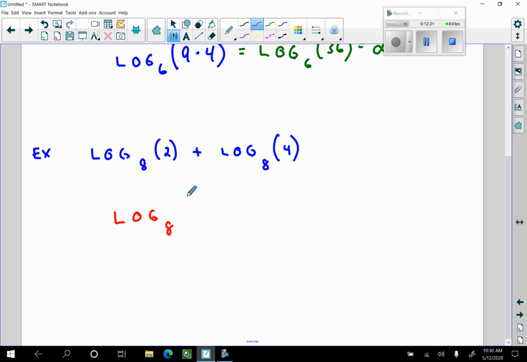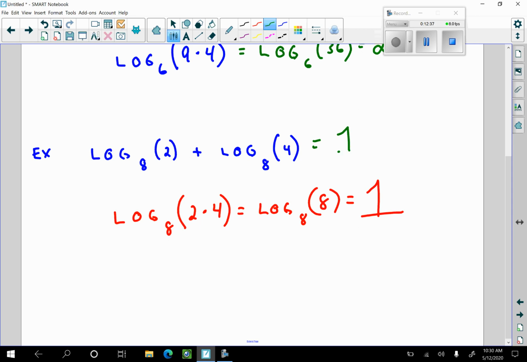That's going to be log base 8 of 2 times 4, which is log base 8 of 8. And 8 to what power is 8? 1. Does that look like 1? It does not. Why is it 1? Because of the product property of logarithms.